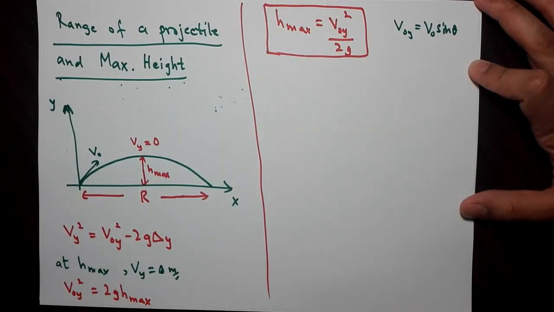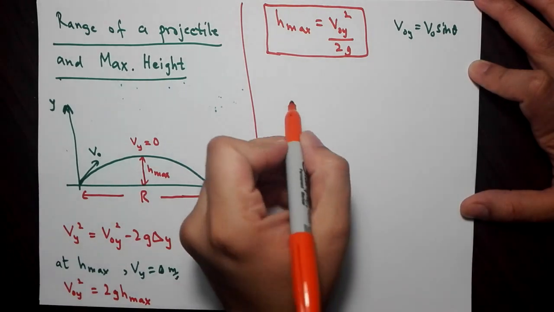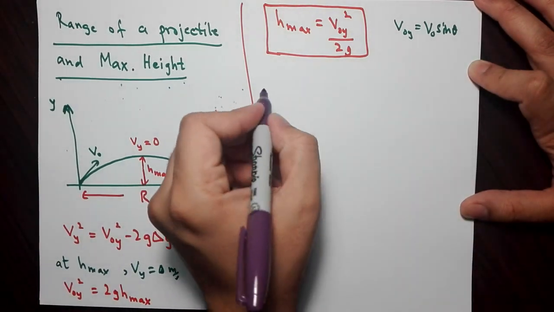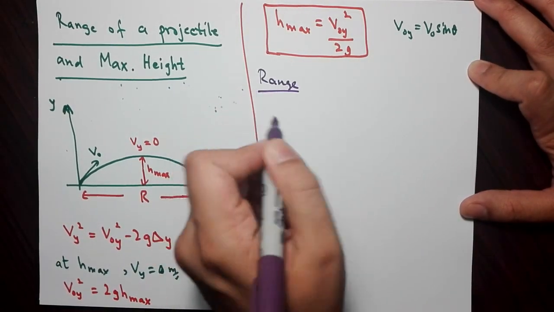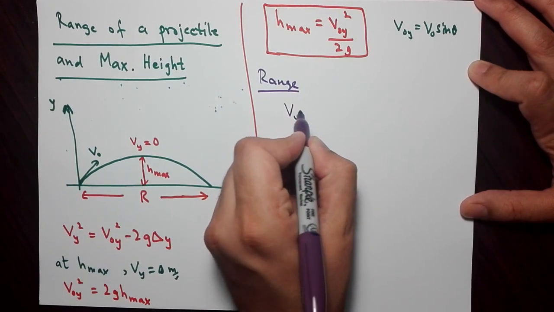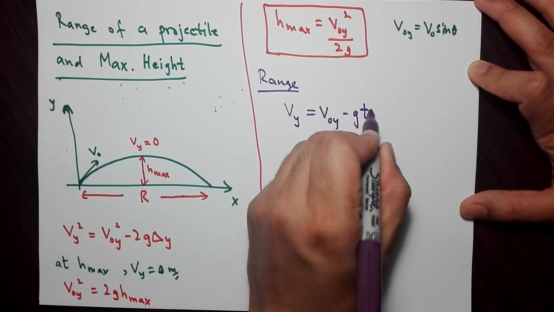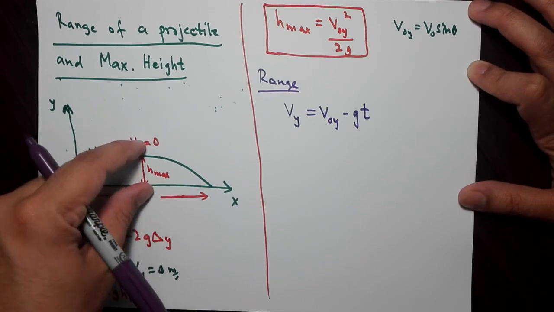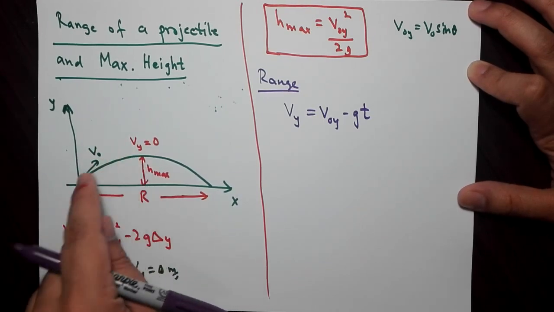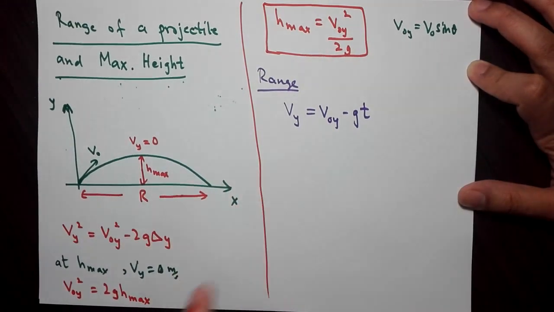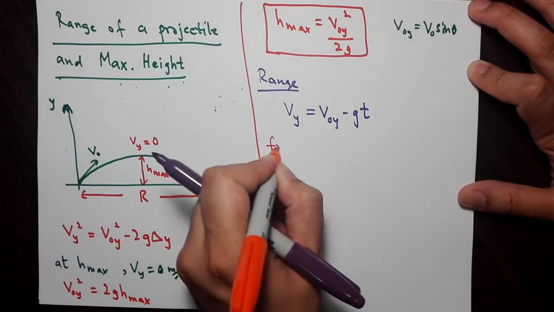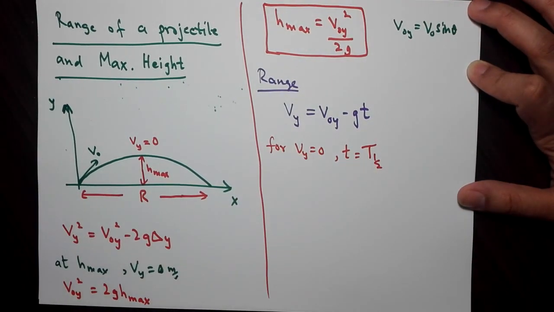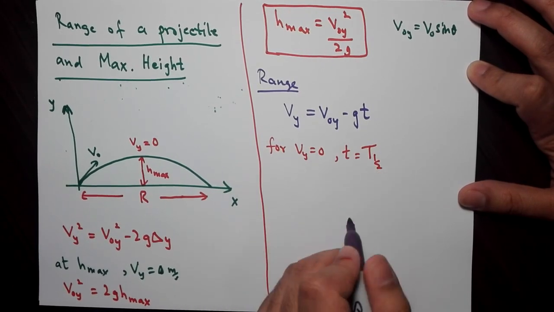Now let's look at how to get the range. If you use the other equation, we've seen this equation: vy equals v0 y minus gt. If you plug in vy equals 0 here, you'll get the time that the projectile takes to reach the maximum height, which is half the time of the whole journey.